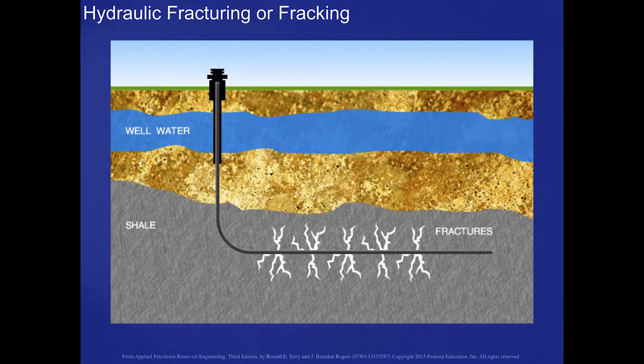Here you can see in this slide the driller has gone down again perpendicular to the Earth's surface and then turned the well at a 90-degree angle, and then they will inject a solution of chemicals and rock into the well at a very high pressure and fracture the formation, and that will allow gas or oil to drain into the producing well from a lot more areas than just the typical vertical well that you would see.